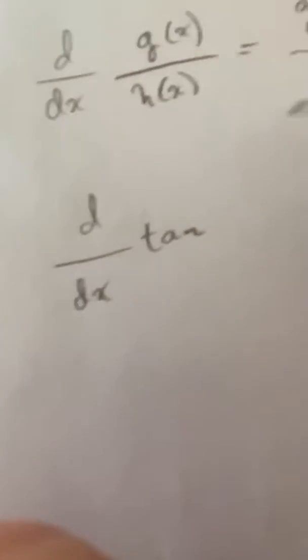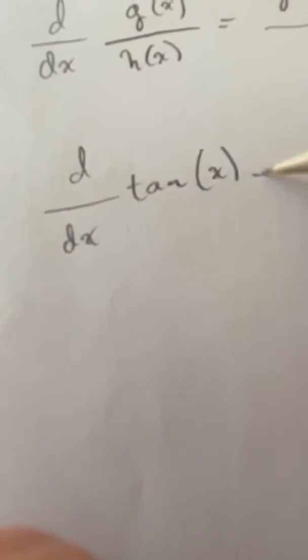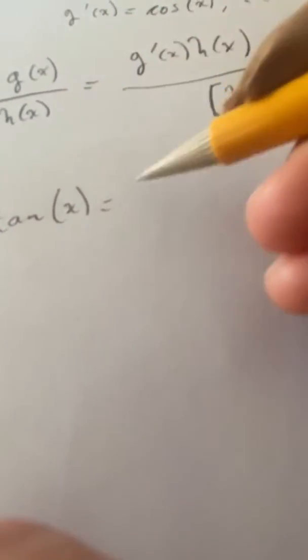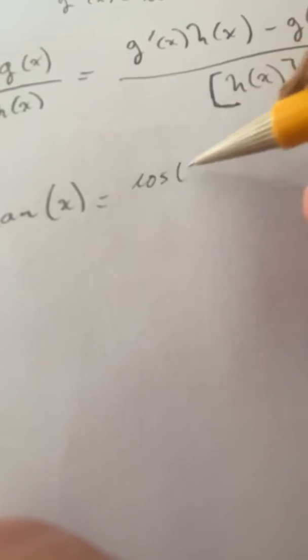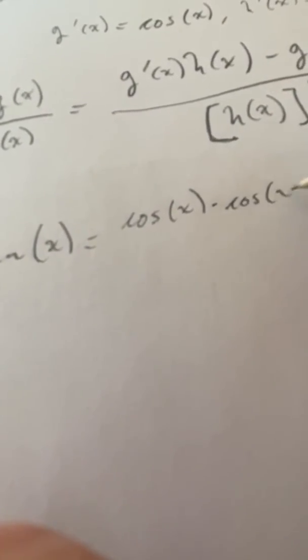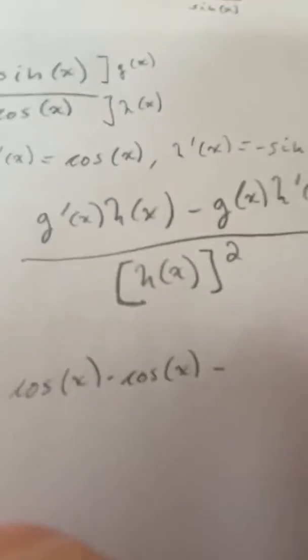Okay, so we just need to take these functions that we defined here and plug them into this formula. So the derivative of the tangent of x is going to be g prime of x, so that's cosine of x, times h of x, which is also cosine of x, minus g of x, which is sine of x, times h prime of x, which is minus sine x.